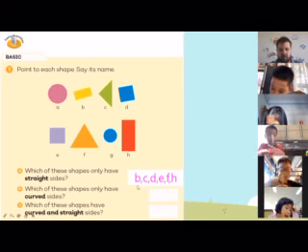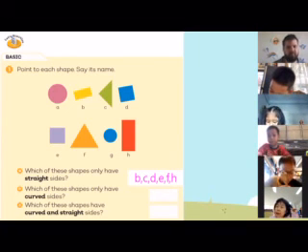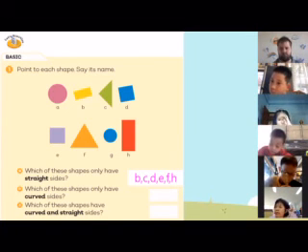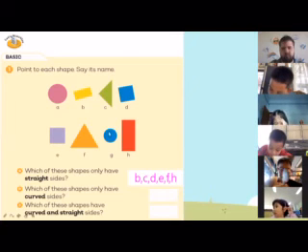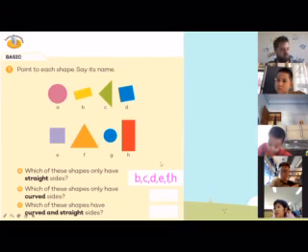So we have how many? 1, 2, 3, 4, 5, 6. So we have 6 shapes with straight sides. Please write down your letters: B, C, D, E, F, and H.